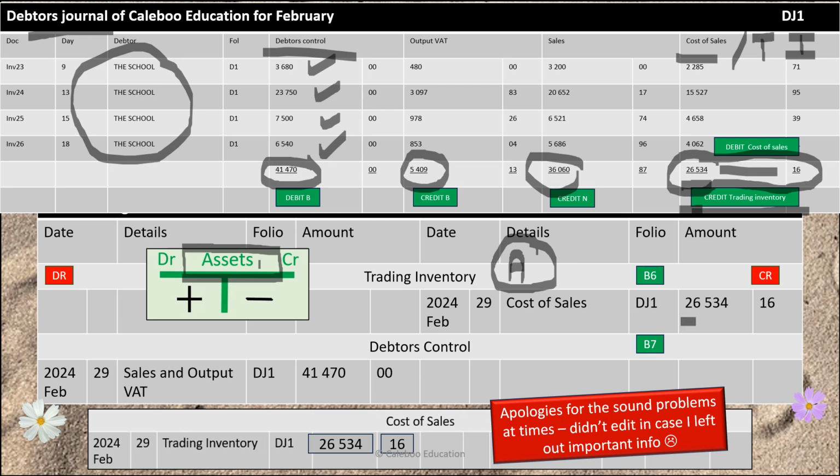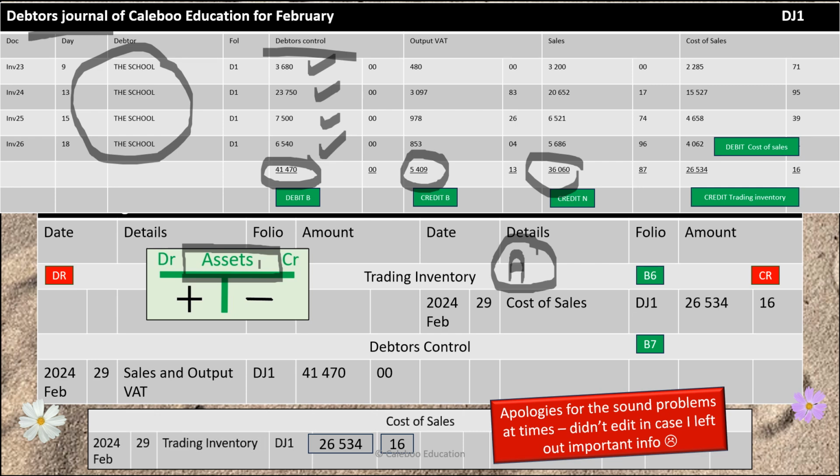Stock has left the building to the amount of 26,534 and 16 cents. We calculated that amount after each credit sale, and we post the total to the ledger account.